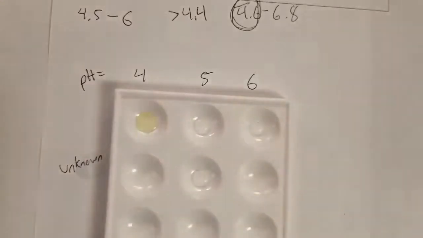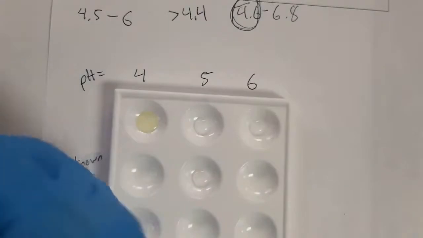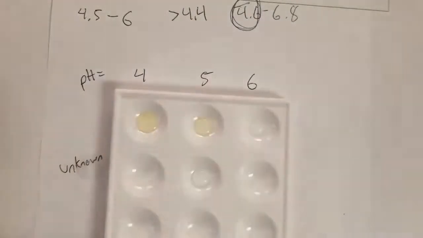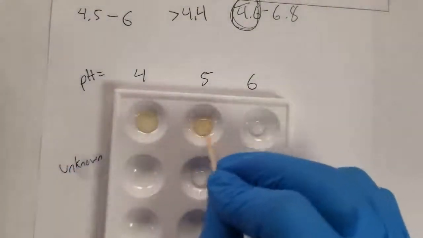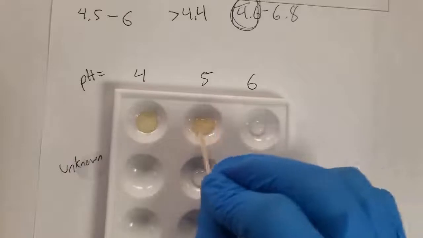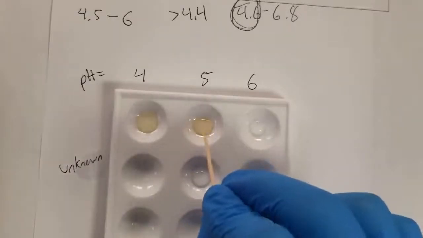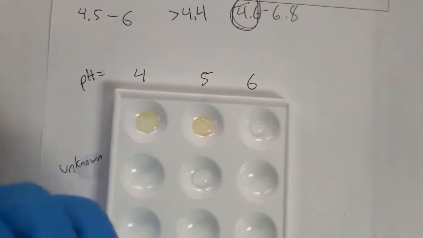See, our pH 4 is quite yellow. Our pH 5, a darker yellow, maybe some would even say an orange.